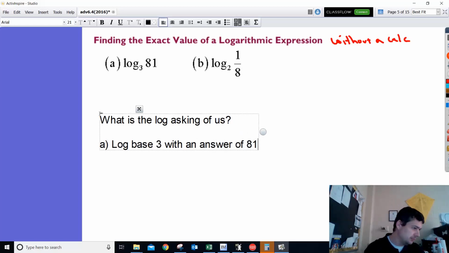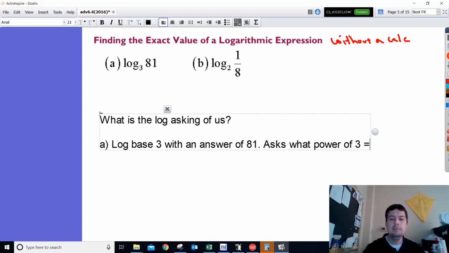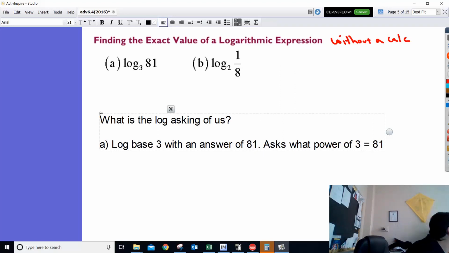What's it asking? Yeah, it asks what power of 3 equals 81. That's all it's asking. What power of 3 generates an 81?